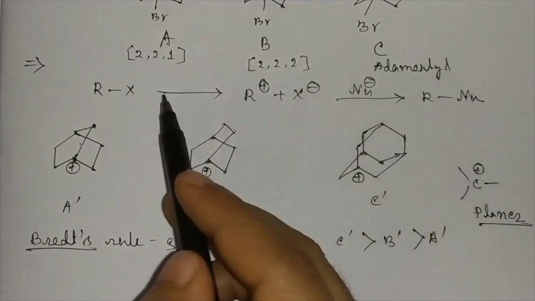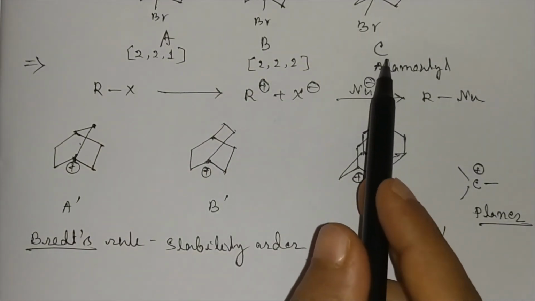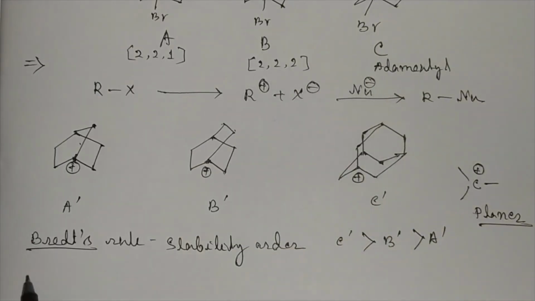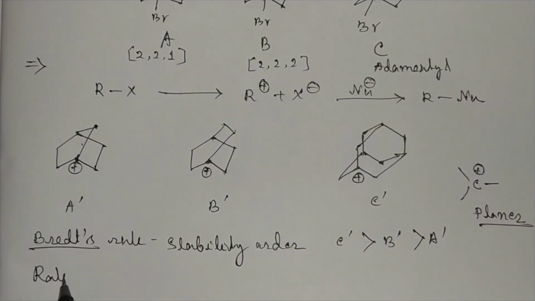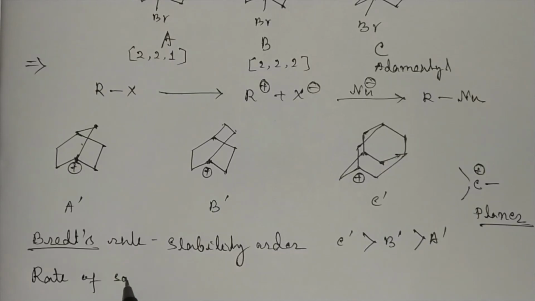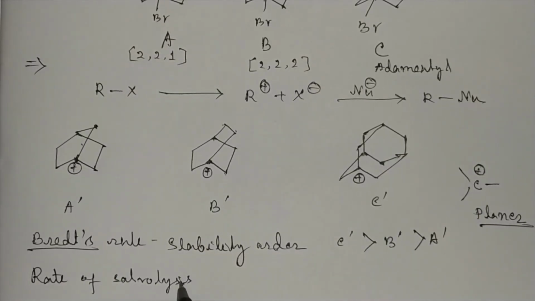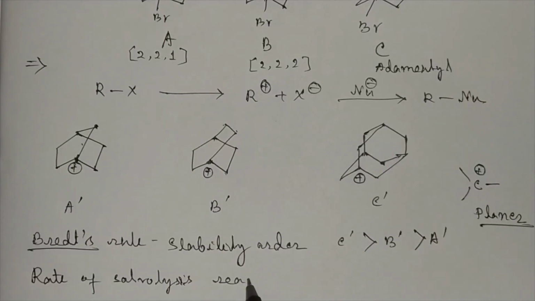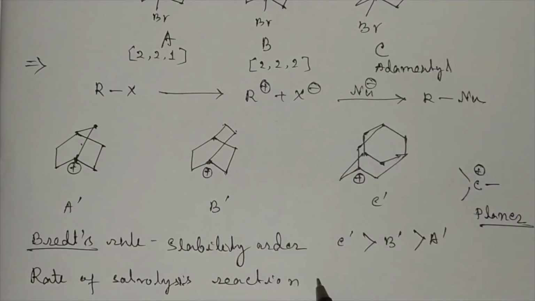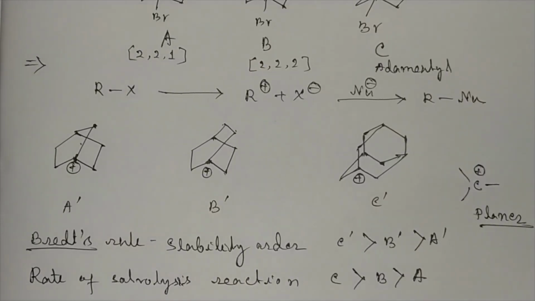So the rate of solvolysis reaction will be C greater than B greater than A.